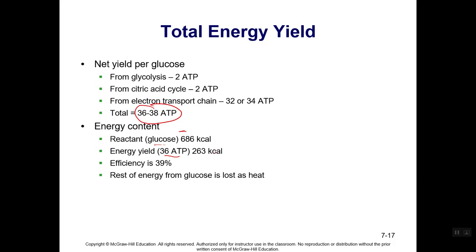That's a huge reduction, 263 versus 686. That's telling us that cellular respiration is only about 39% efficient when it converts glucose to ATP. The rest of that energy is lost as heat. Second law of thermodynamics.